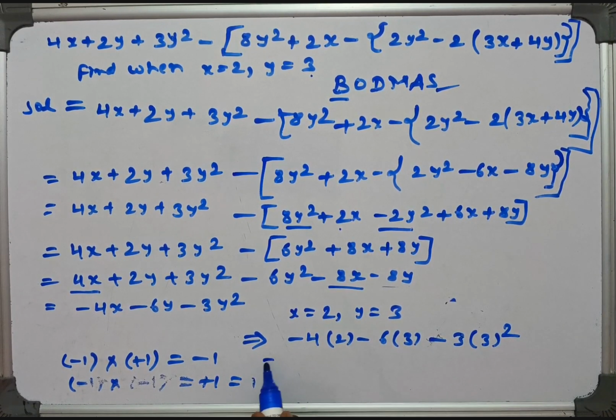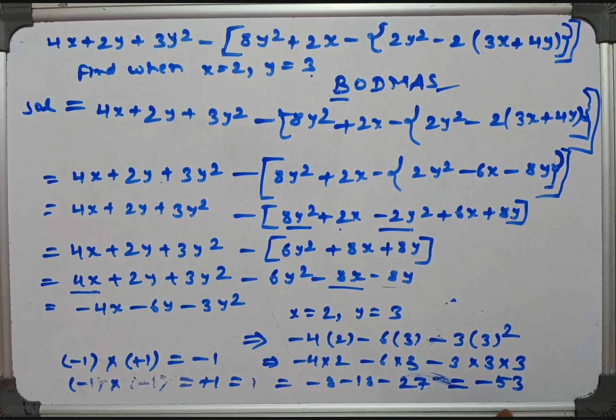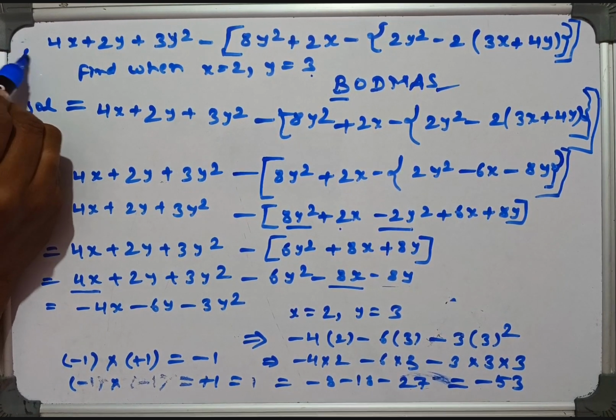Okay, so you can also write it like this, and 3 to the power of 2 means 3 multiplication 3, so this becomes minus 8 minus 18. So our solution becomes what, minus 53. Okay guys, this one is example number 2.